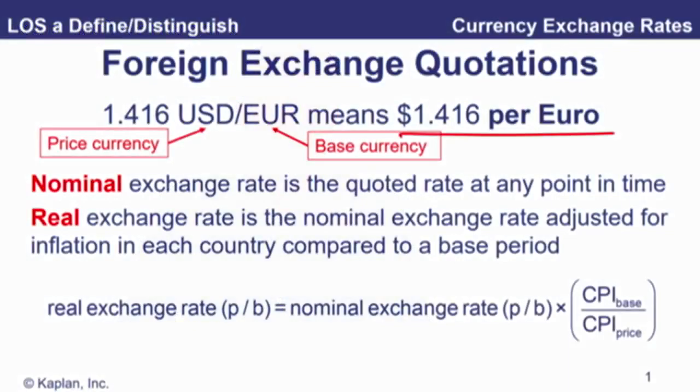Two types of exchange quotes you may be asked about in the exam: nominal and real. The nominal is the exchange rate quoted at any point in time. So the nominal exists. You can almost think of the word nominal as being silent. So if I just say to you, I've just seen the exchange rate on my screen, it is 1.416, that is the nominal rate.